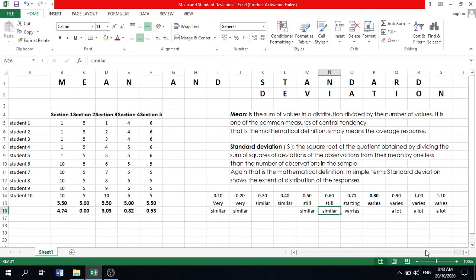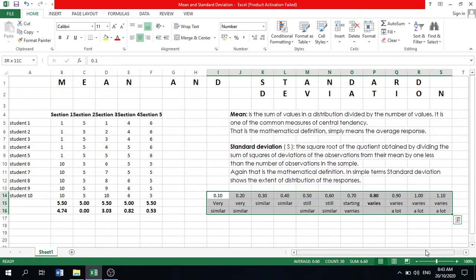This means that, if we look at this graph, this table, it will show you what the standard deviation means.